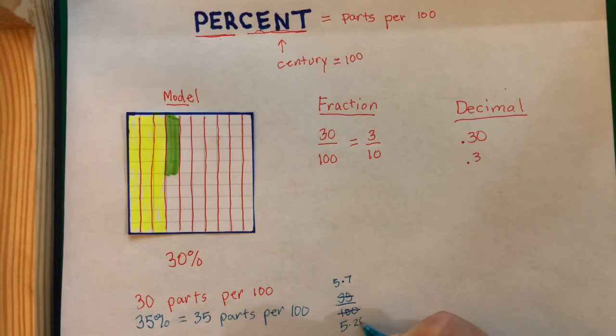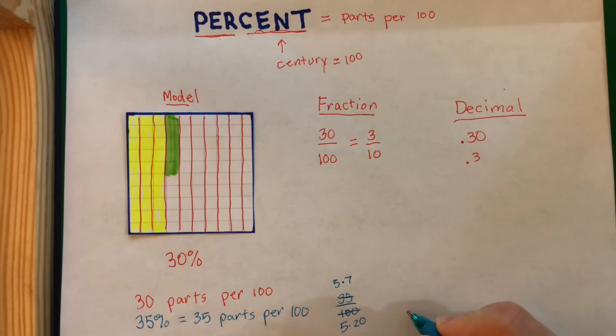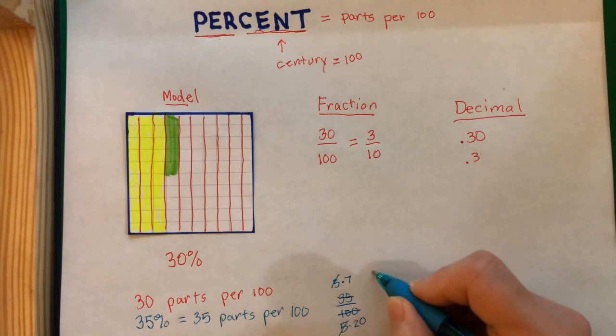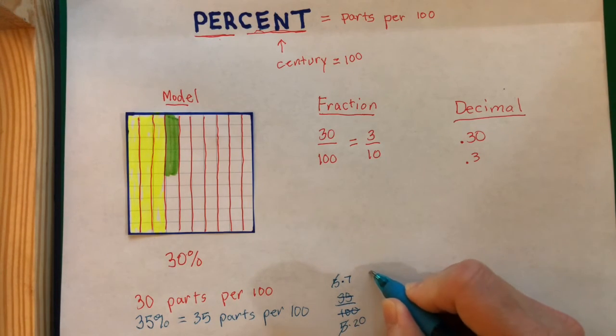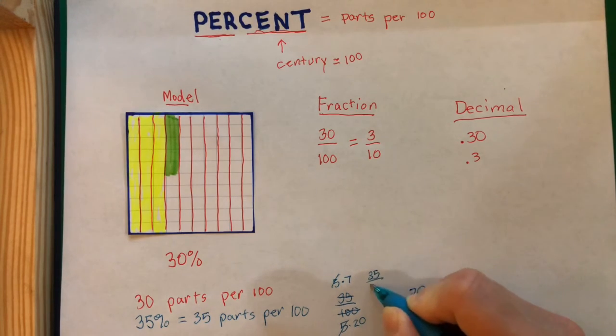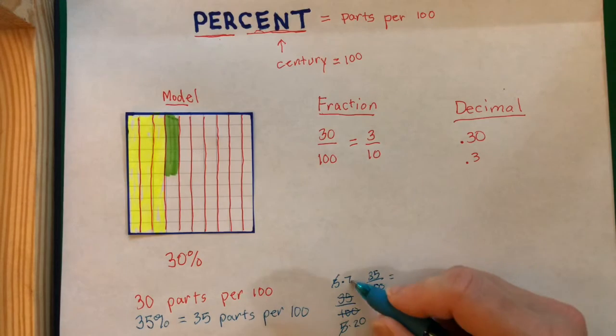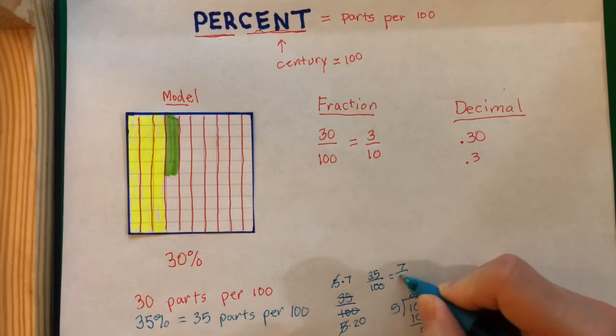If you didn't, then all you have to do is go over on the side and take the 100, divide it by 5, and you will get 20. So we can simplify this, and so this fraction is either 35 hundredths, or the simplified one is 7 over 20.